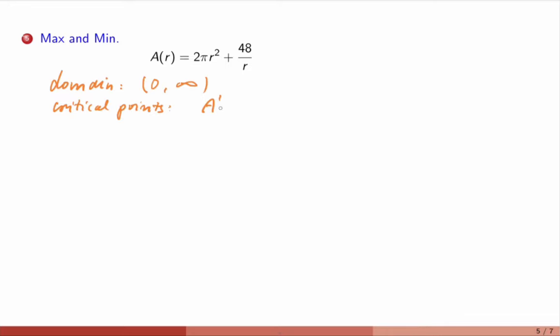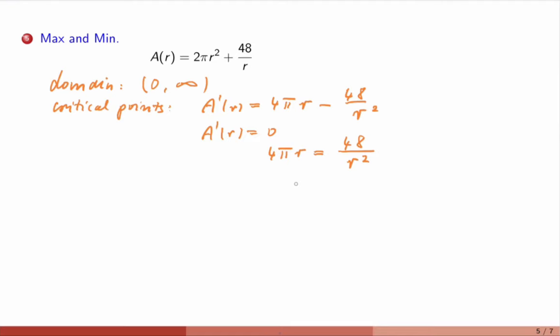We need to build the derivative, a prime of r, which is 4 pi r minus 48 divided by r squared. Then critical points satisfy a prime of r equal to 0, which means 4 pi r is equal to 48 divided by r squared. So then we can multiply with r squared and divide by 4 pi.